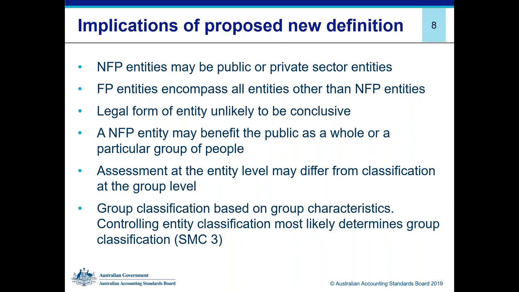So for-profit entities encompass all entities other than not-for-profits. The legal form of an entity is unlikely to be conclusive. So just because you have a company with identifiable shareholders doesn't necessarily mean that the entity would be for-profit. In fact, we know that there are certainly companies in existence that have not-for-profit objectives.